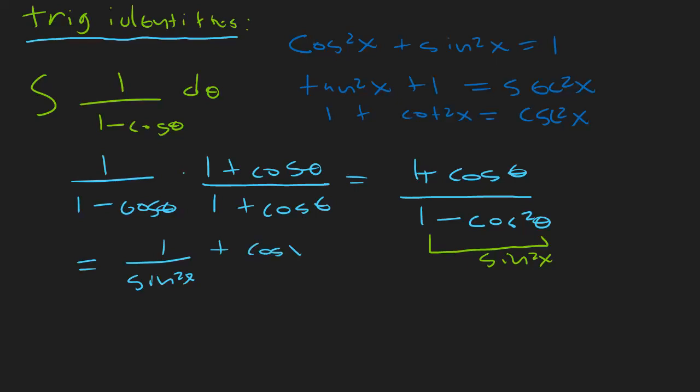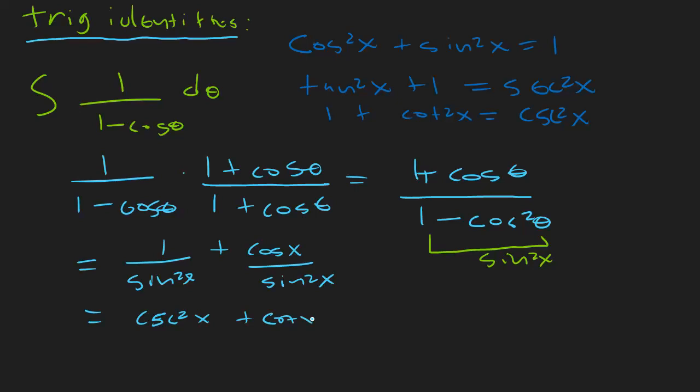Now, in actuality, we could rewrite this as cosecant squared x plus cotangent of x times cosecant of x.